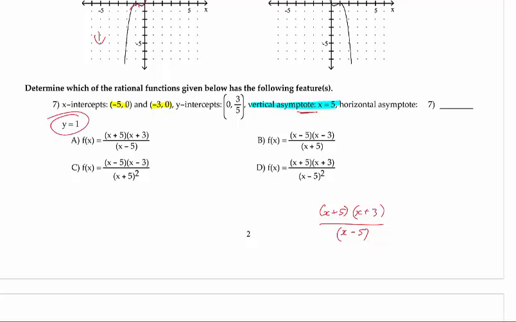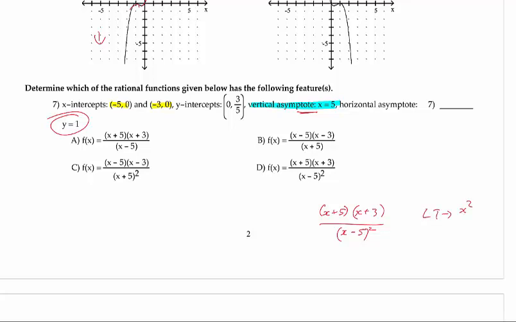And now we got a horizontal asymptote of y equals 1. Now that means that the order of the top polynomial must equal the order of the bottom. Note that this is going to have an order 2 up top here, so this in the bottom must also have an order 2, and we can get that by writing a simple 2 right there. And note that if we multiply this across the top, we'll get an x squared term.